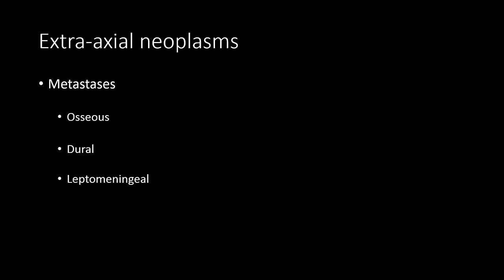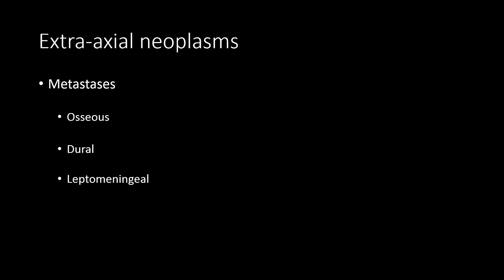For dural metastases, isolated dural metastases, the most common primary neoplasms are breast or prostate cancers. Dural metastatic disease frequently coexists with osseous metastatic disease, and we'll see that in a couple slides.